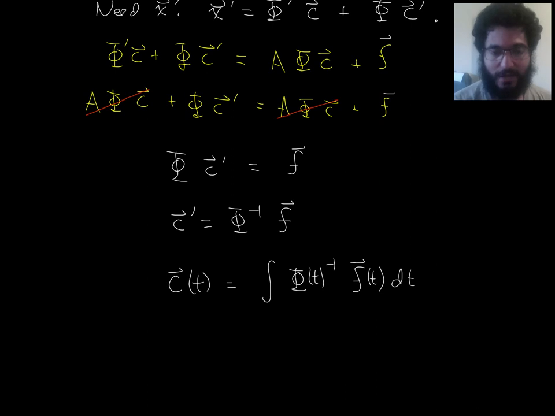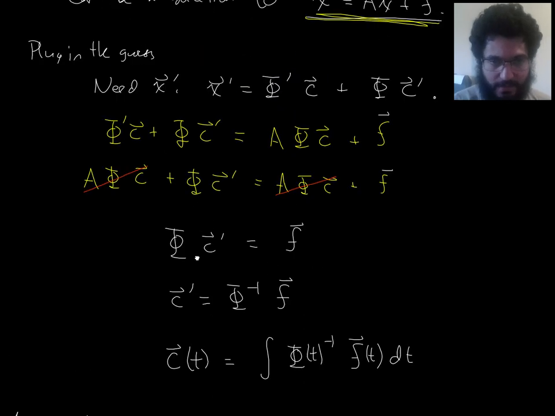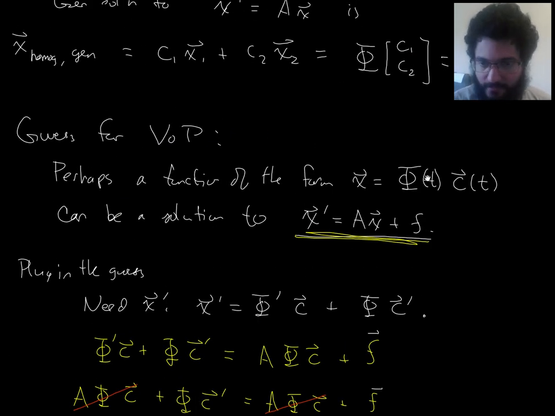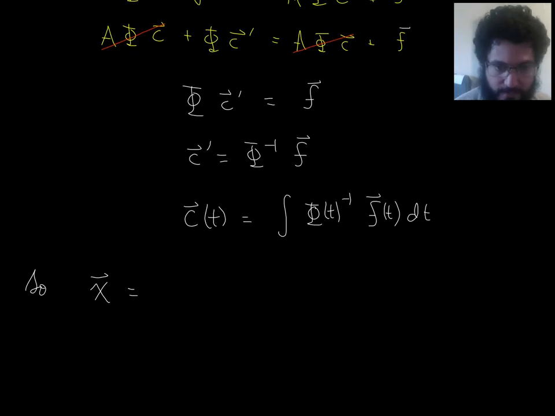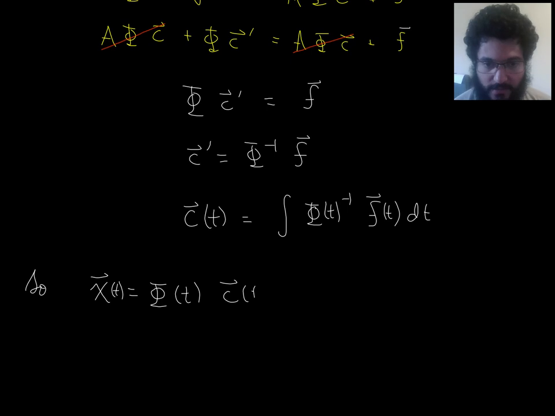And if you want, let me just write down that we now have successfully found x. Let me go back and look at what the guess looked like, phi c. So x of t equals phi c, but instead of c, let me write this.